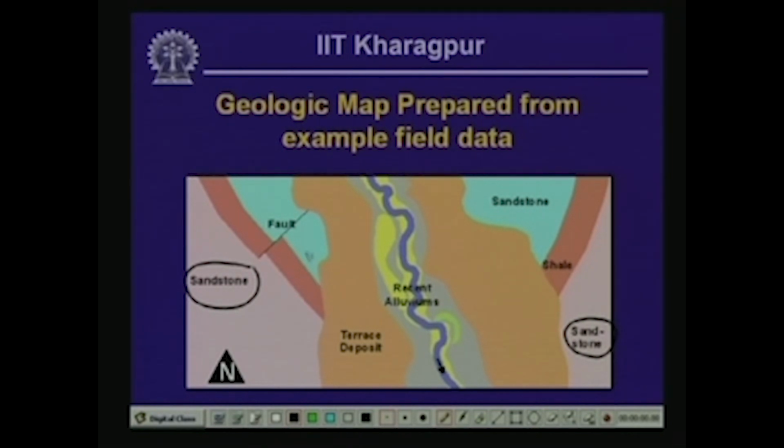Another interesting feature that was not confirmed in the reconnaissance was this feature here. The engineering geologist marked a contact which showed a remarkable kink, you might recall, and this kink was later interpreted to be actually a fault.